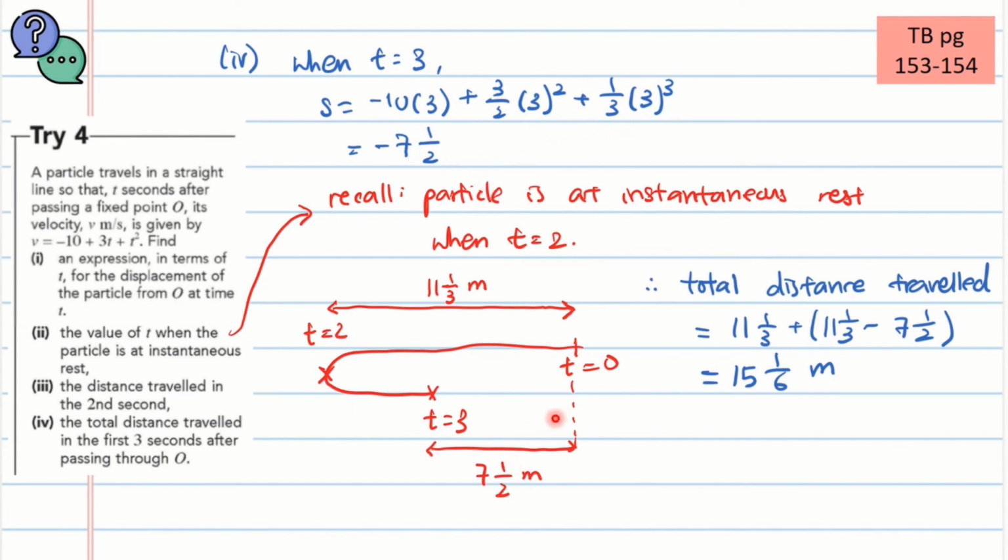So in my diagram, what this means is that 7.5 meters is actually this distance over here. So the total distance traveled will be 11 and 1/3 meters plus 11 and 1/3 minus away 7.5, so that I can arrive at this distance here. Therefore, my answer will be 15 and 1 over 6 meters.